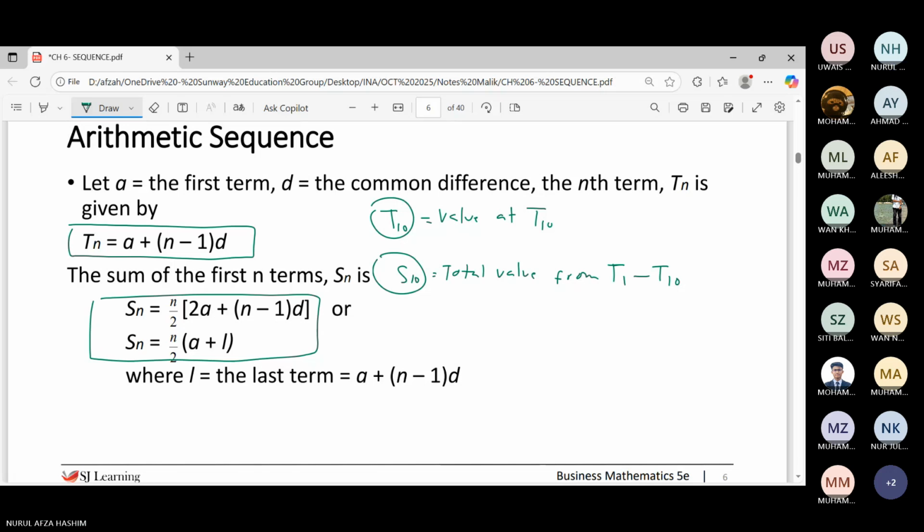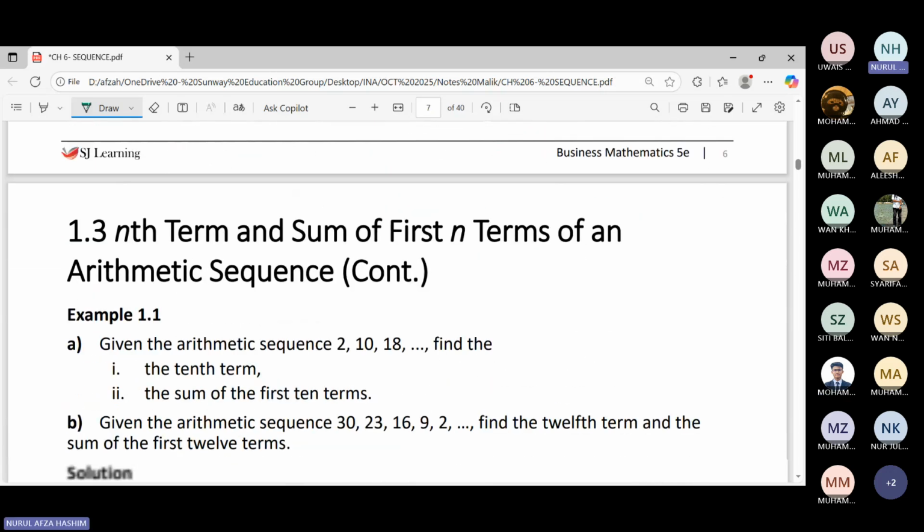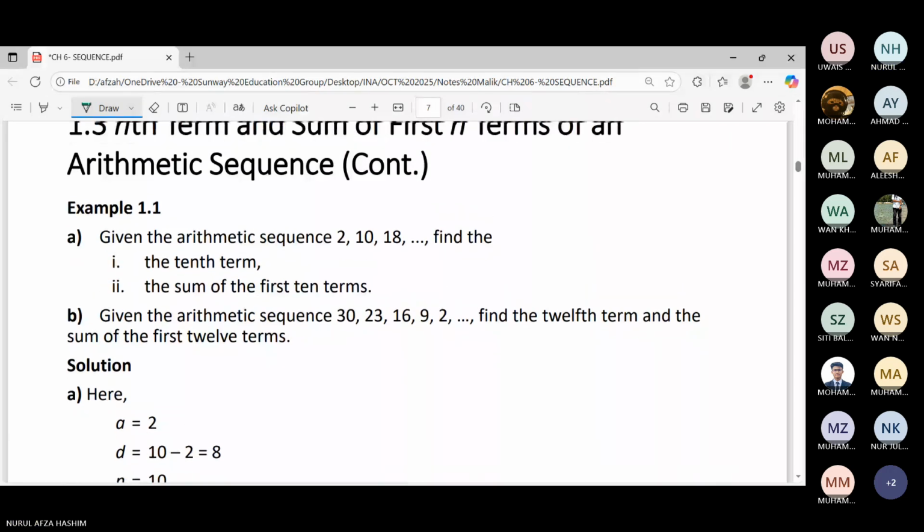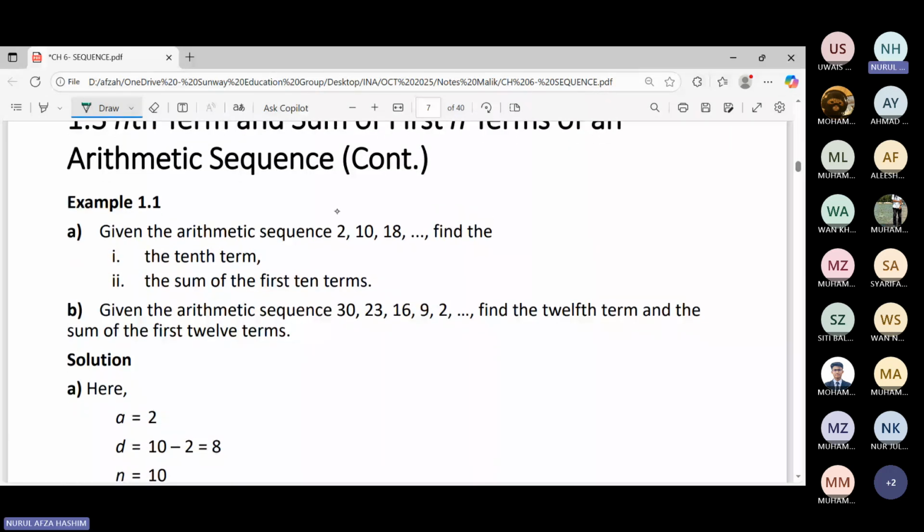Are we good? Let's say this one. They will give you this sequence. This must be your first value, this your second value, this your third value, and then they ask you for T10. You know the formula of Tn is a plus n minus 1 d.